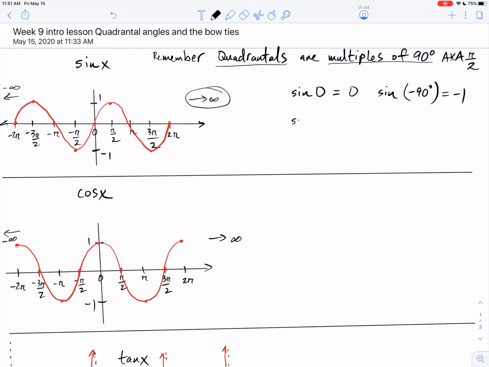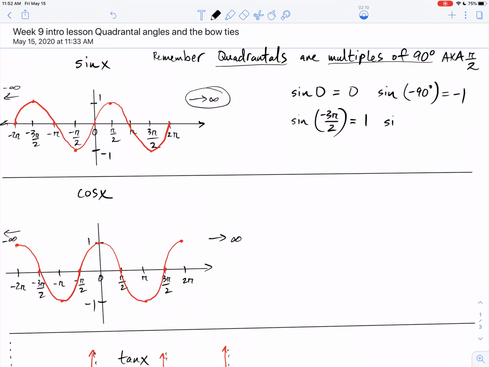So whenever you are given a question that has to do with a quadrantal angle, sine of negative 3 pi halves, just quickly sketch the graph if you have to and say, oh, I can tell you the answer right away. That's what the graphs are used for, to help us evaluate stuff really quickly like that.